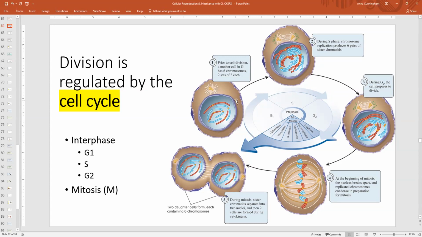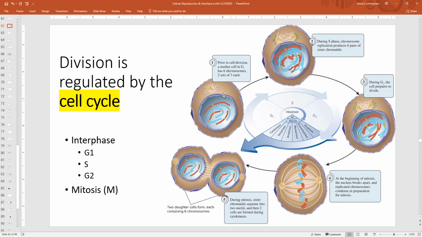After it gets out of G1, it enters what is called S phase. And in S phase, the S stands for synthesis. Synthesis means to create, and in this case, what we're talking about is DNA synthesis, which is replication. So that's the same thing. DNA synthesis is the same as DNA replication.